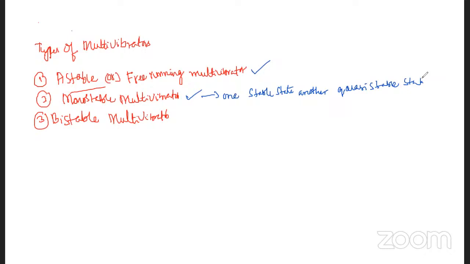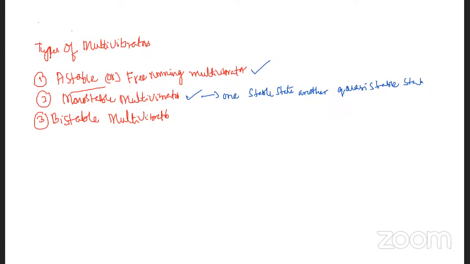In the previous case we don't apply any trigger pulse, but in the monostable multivibrator we have to apply a trigger pulse. Since it produces a single output pulse for each input trigger pulse, it is called a monostable multivibrator.